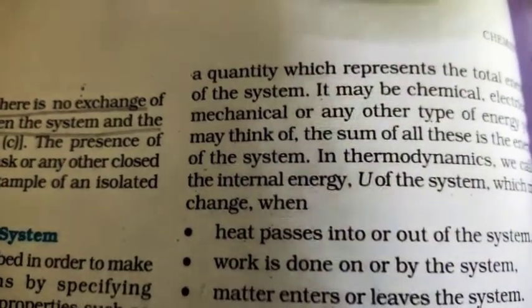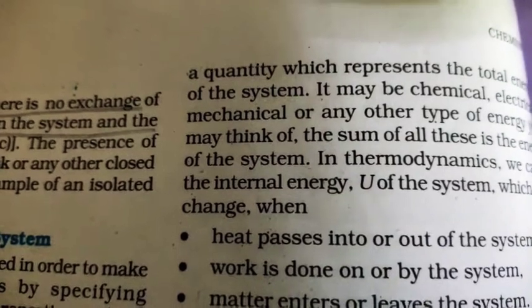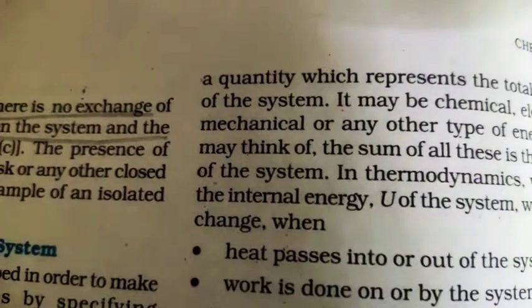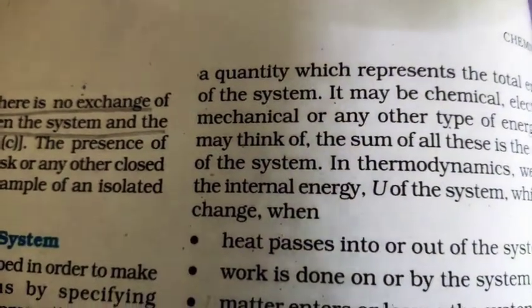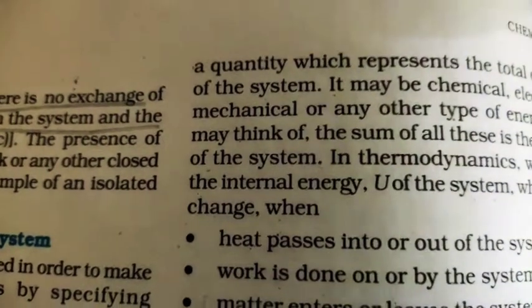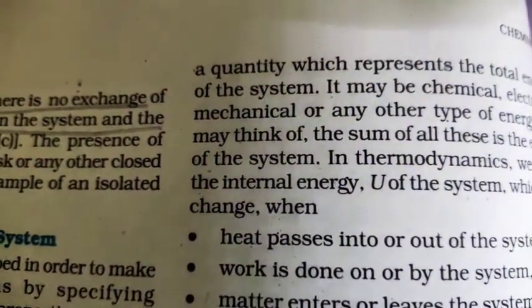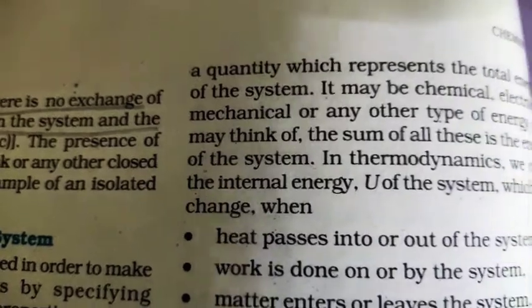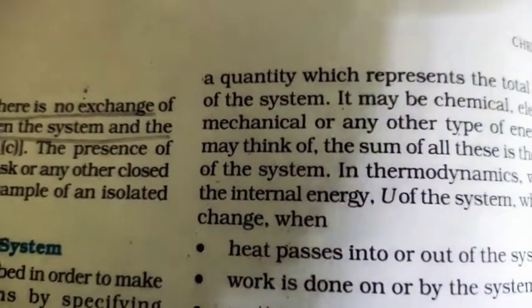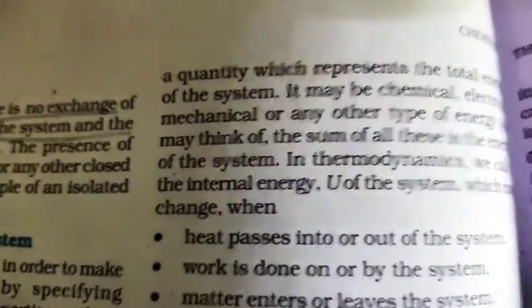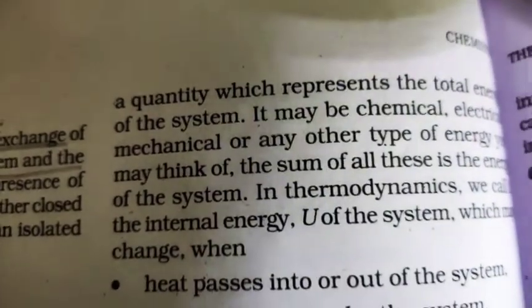Next is your internal energy. What do you mean by internal energy? So actually internal energy is an example of state variable. Okay, so besides temperature, pressure and volume, you'll also get some other functions which are state variables. So now let us see what do you mean by internal energy.